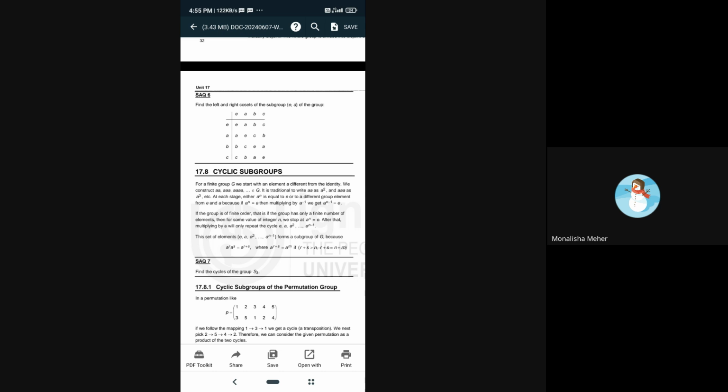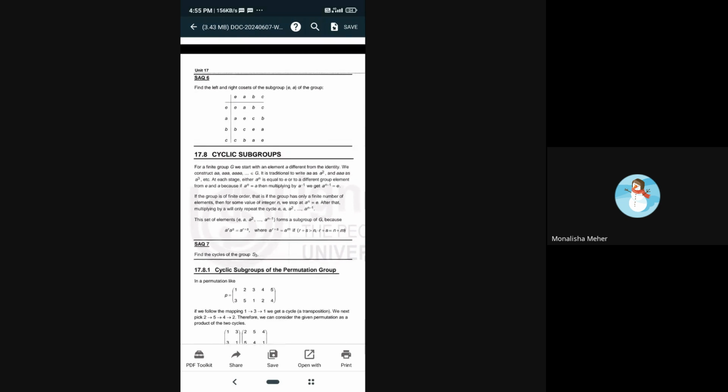If the group is of finite order, that is, if the group has only a finite number of elements, then for some value of integer n, we stop at A to the power n is equal to E. After that, multiplying by A will only repeat the cycle A square, and so on and so forth, up to A to the power n minus 1.